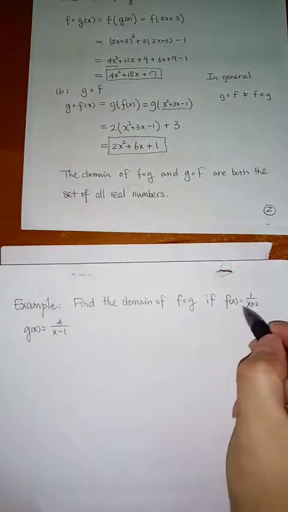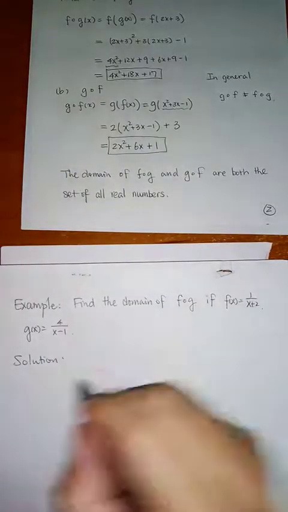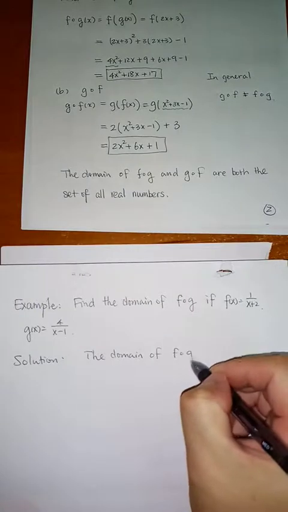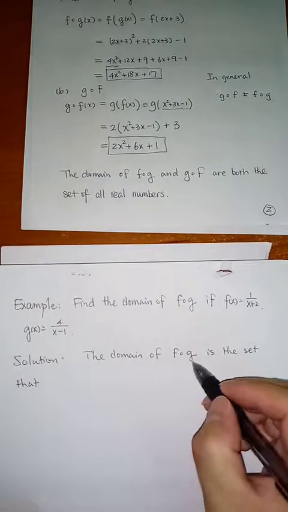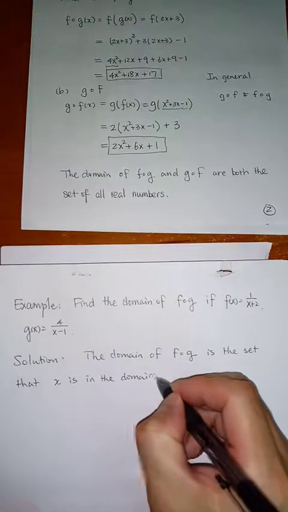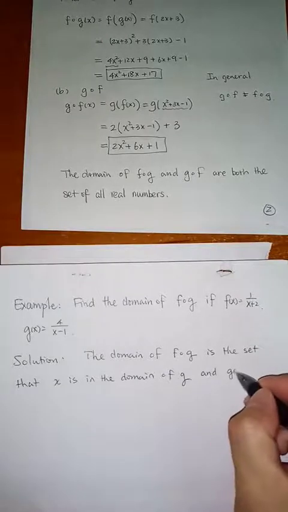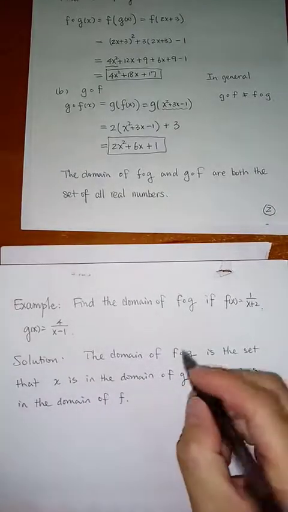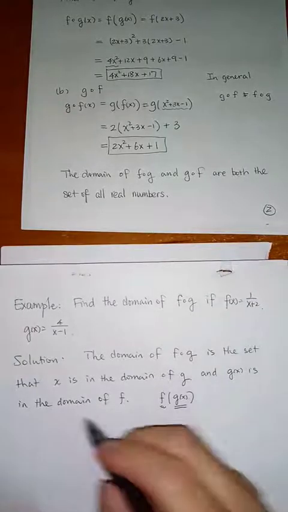Here it's f composed with g, so we're talking about the domain of f composed with g, which is the set where, first, x is in the domain of g. x should be applicable to g, and g(x) is in the domain of f, because we are going to evaluate f at g of x. So g of x should be in the domain of f.